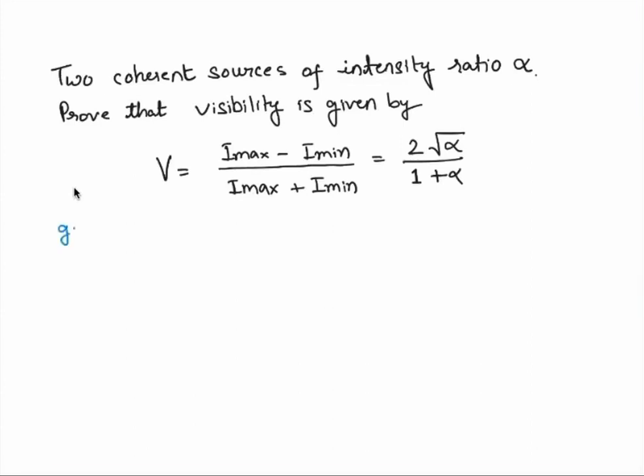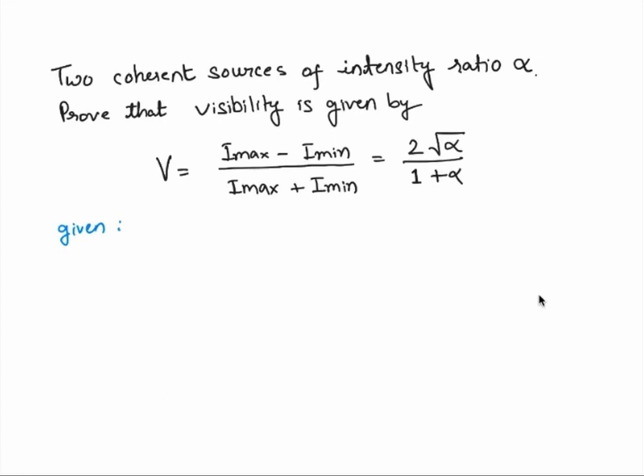So you are given the intensity ratio. So if you take the amplitude of one of the sources as A1 and other sources as A2, then A1 by A2 whole square is this alpha. So now what you are given is the ratio of intensities.